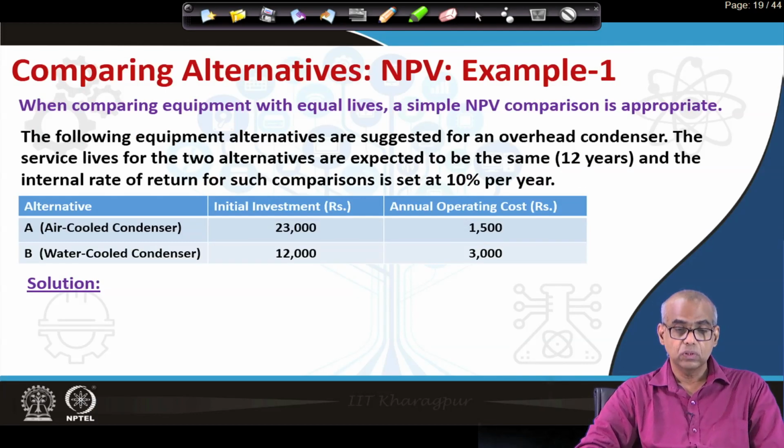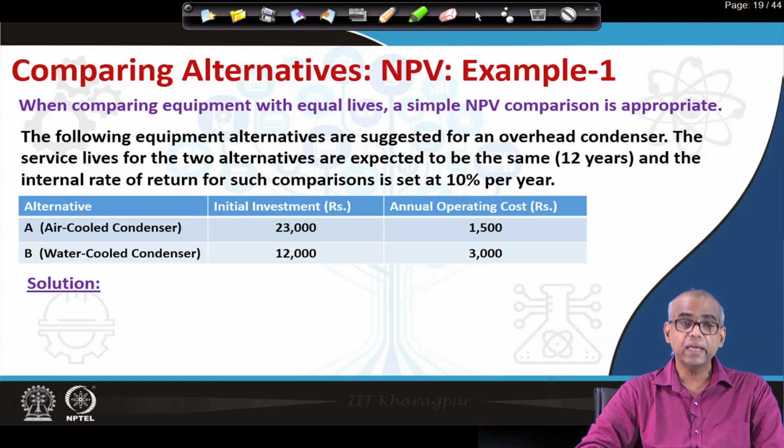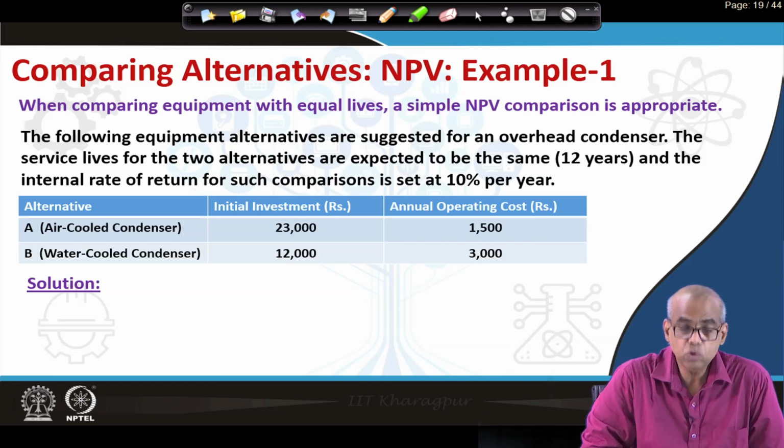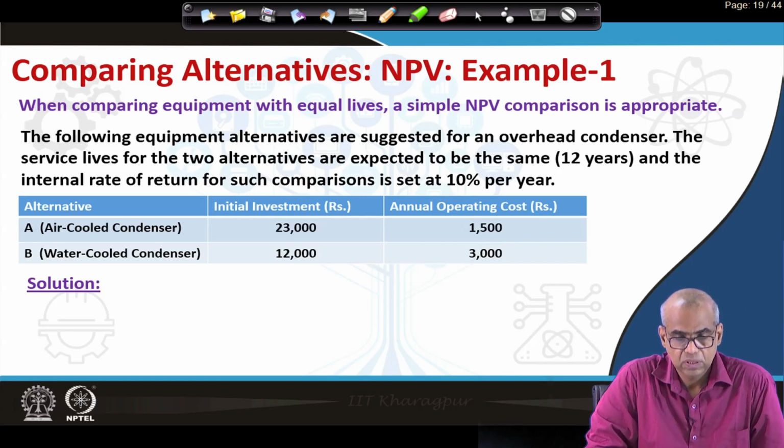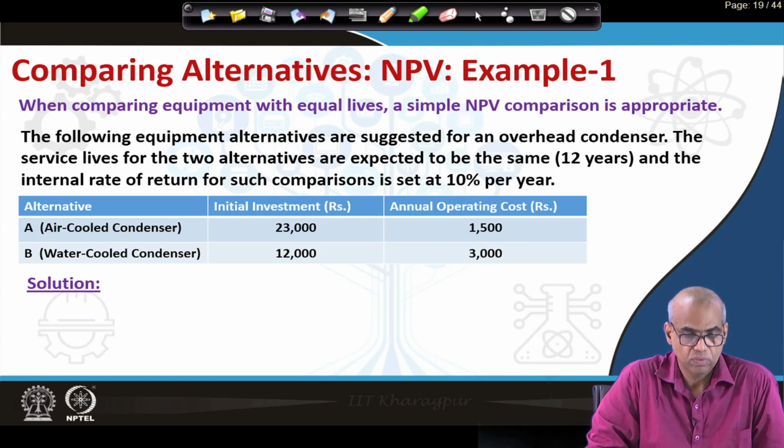Now, we will take examples and try to understand how to compare alternatives. So, the first example will be based on use of net present value.